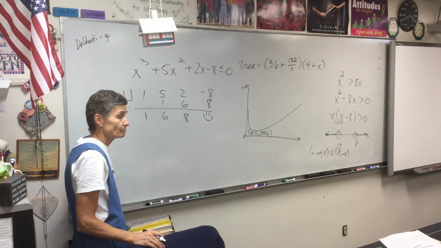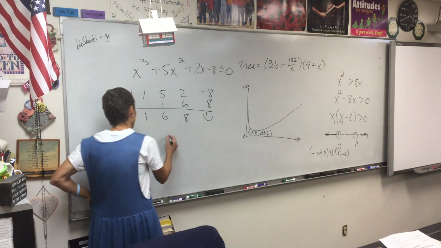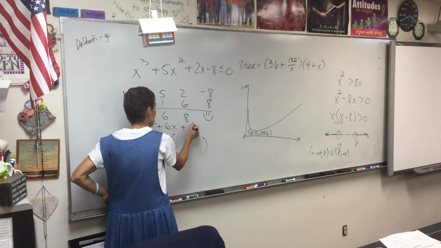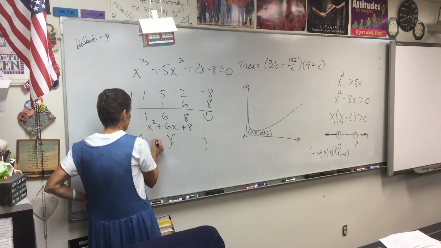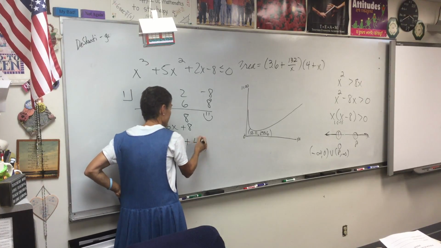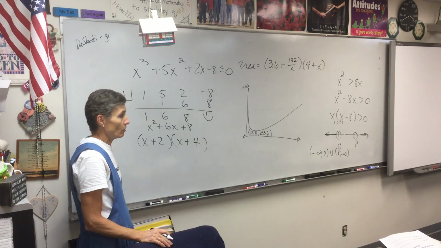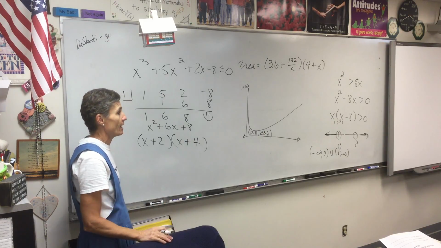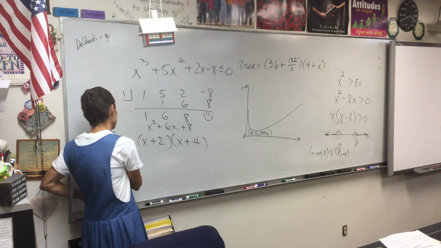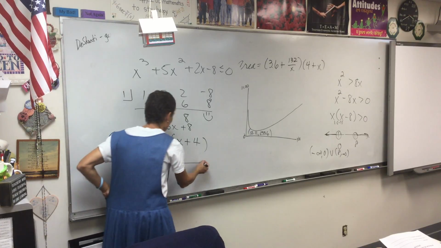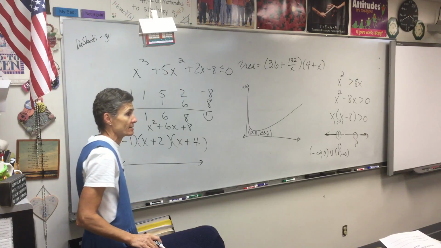Okay, then what? Factor. Let me write down what's left: x squared plus 6x plus 8, which is x plus 2 and x plus 4. I wish I had a nickel for every time a kid forgot the x minus 1. Because when you go to the number line, you need 3 dots.